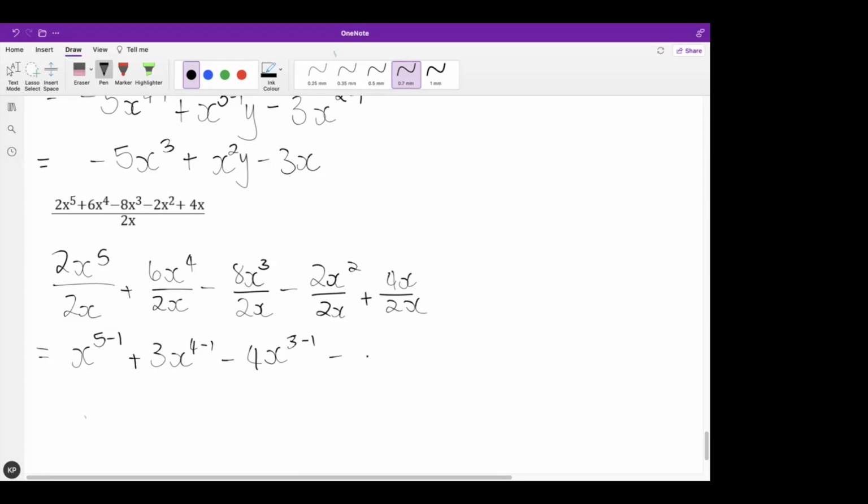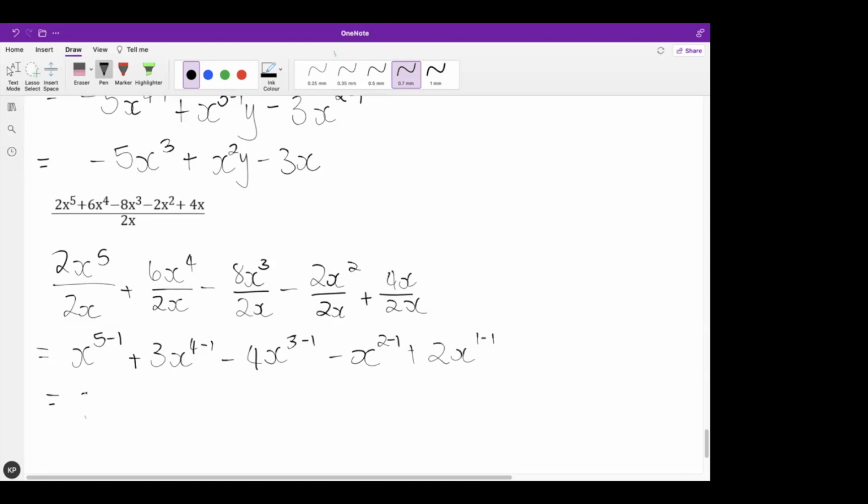Minus 2 divided by 2 again, which is a 1. That's x to the power of 2 minus 1. Plus 4 divided by 2. That is 2. And x to the power of 1 minus 1.